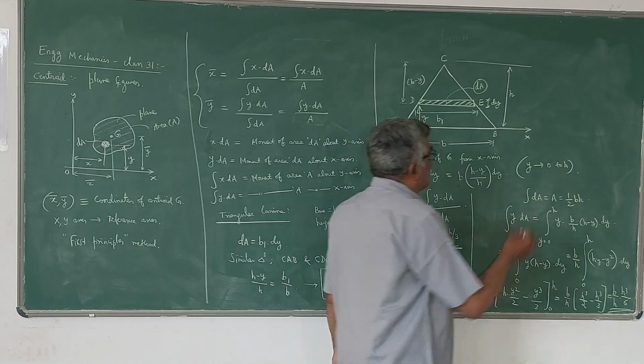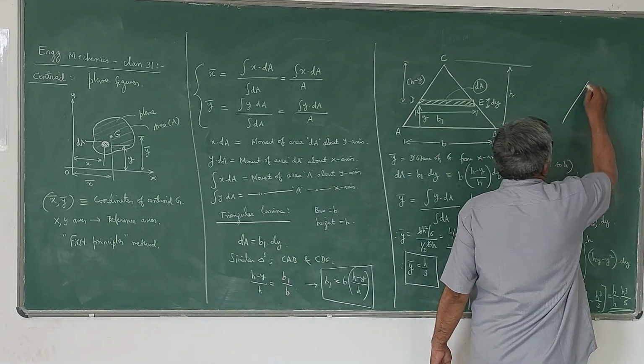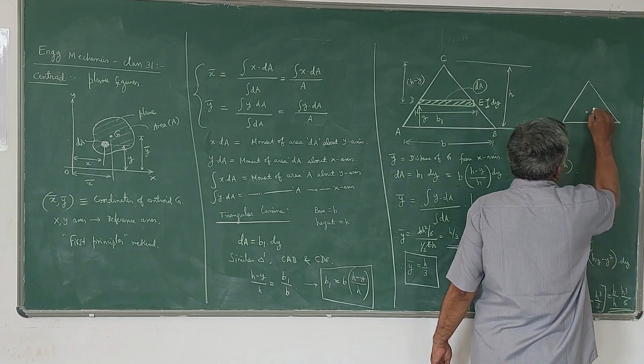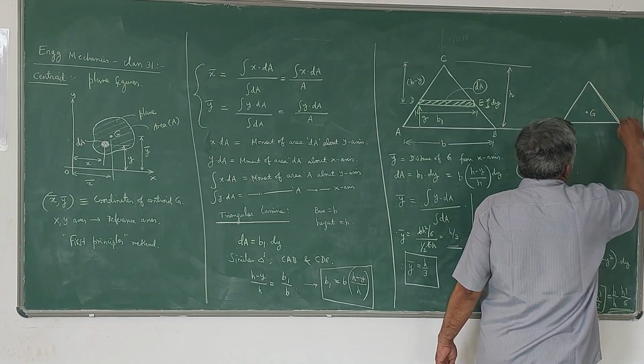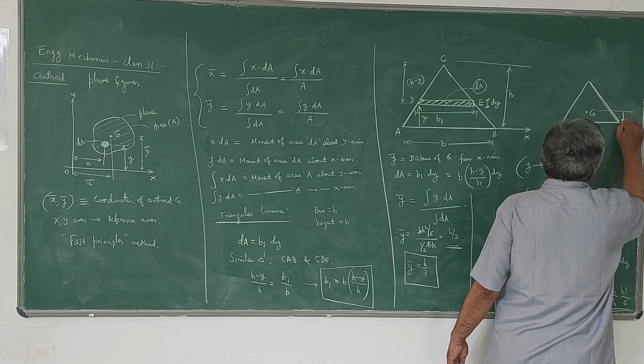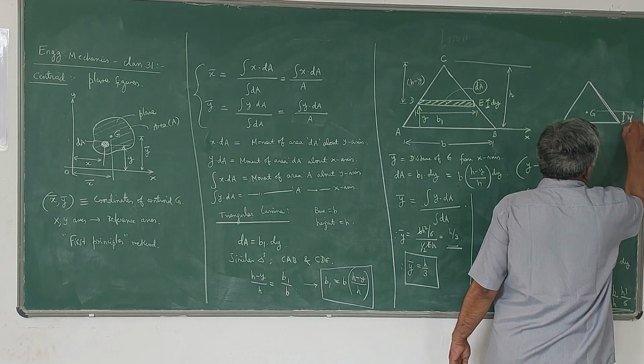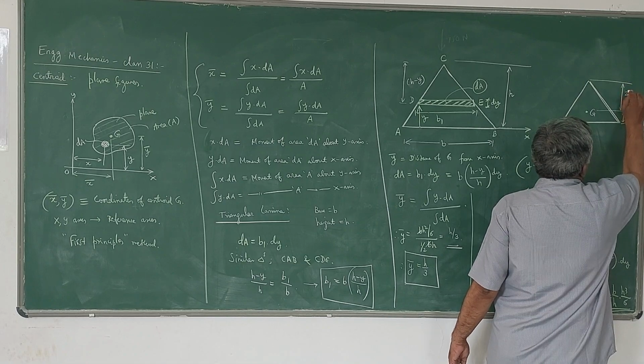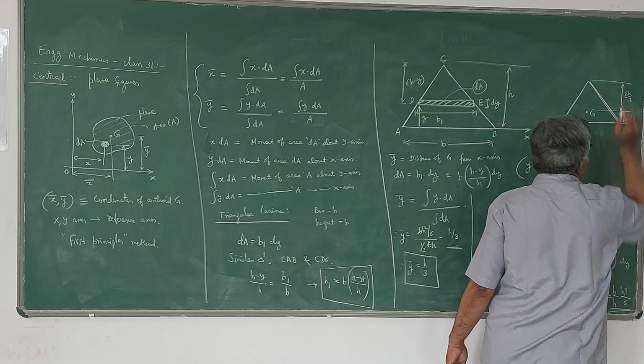So that means it is like this. If in any triangle you take the base as the reference axis, centroid G will lie at a distance of h by 3 from the base or 2h by 3 from the vertex. Something like this.